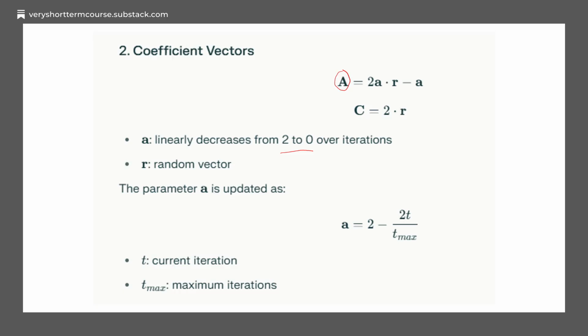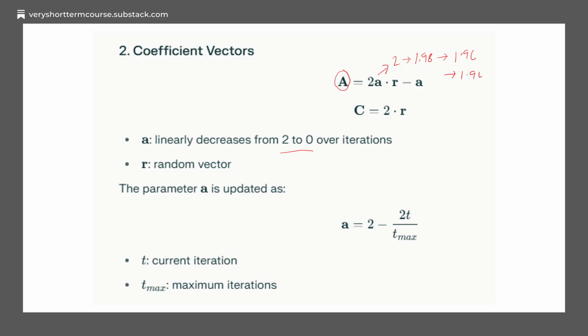For the first iteration, you will take the value of small a to be 2. Then in the next iteration, you take the value of small a to be 1.98, then 1.96, then 1.94, like this. Anyway, the value will be decreasing from 2 to 0 at each iteration.